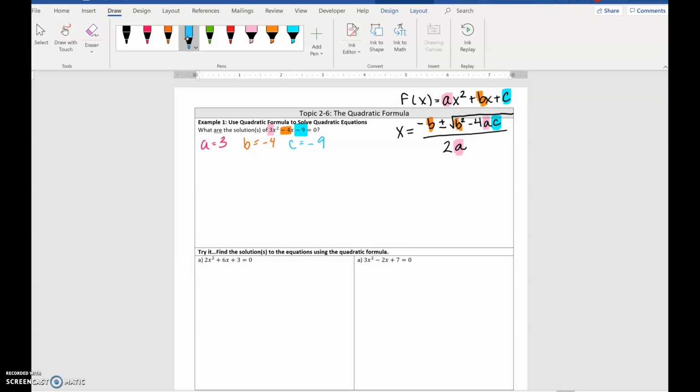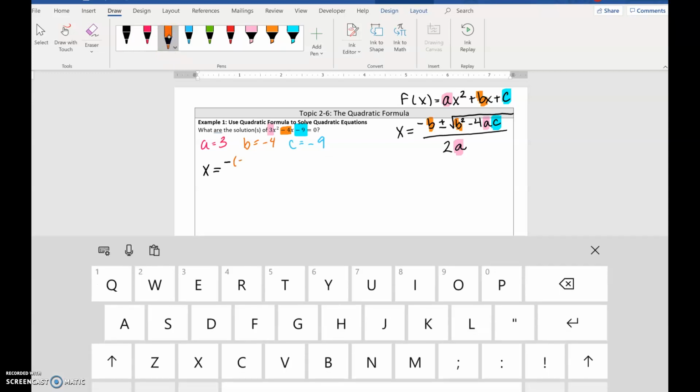And now we're just going to plug those in here. So we have x equals our negative, and then what b is.